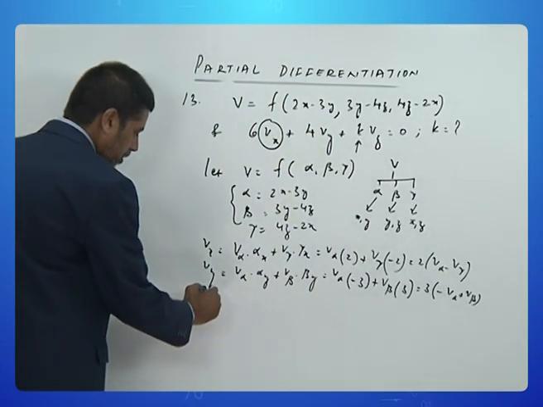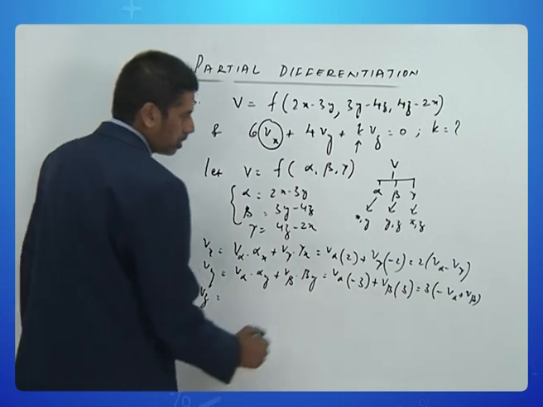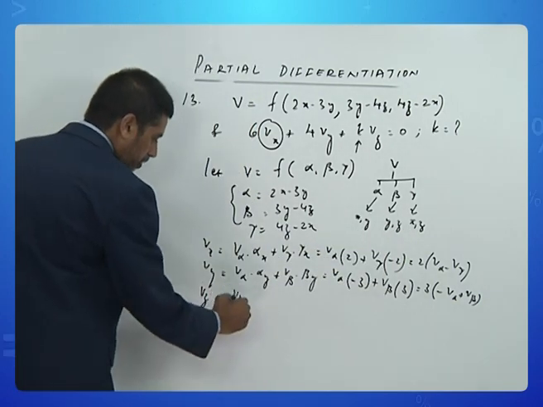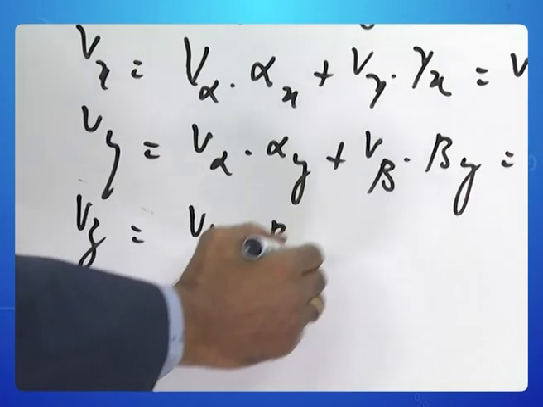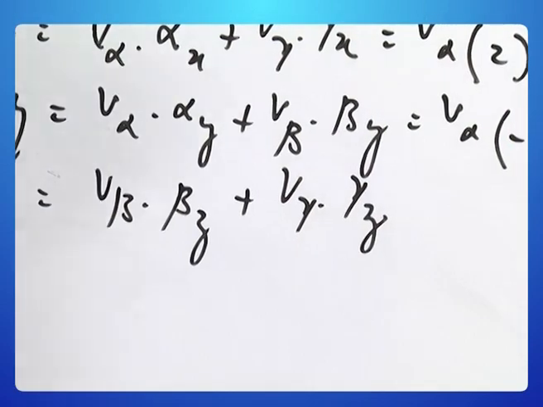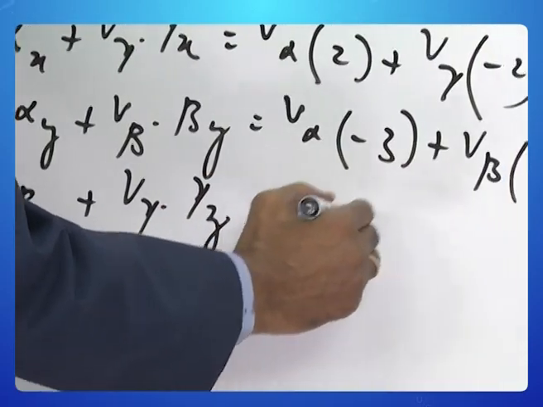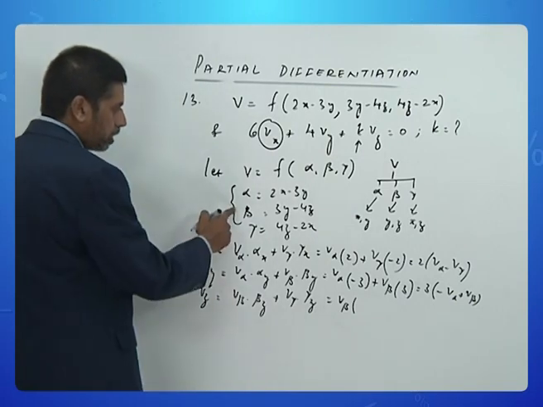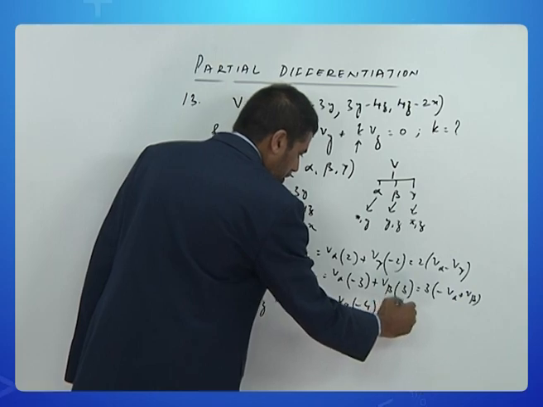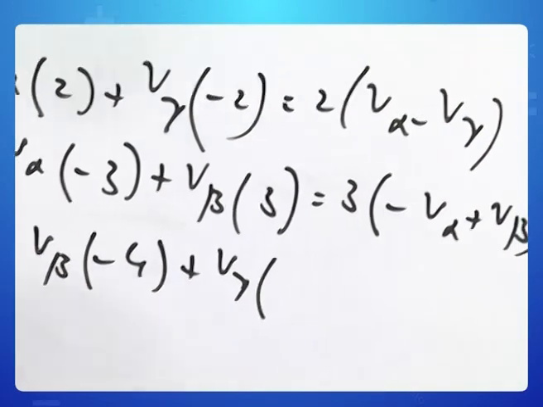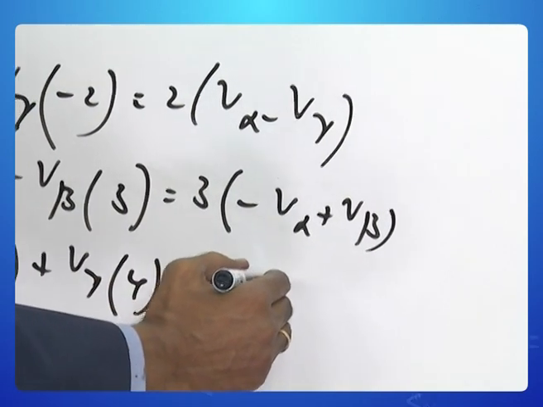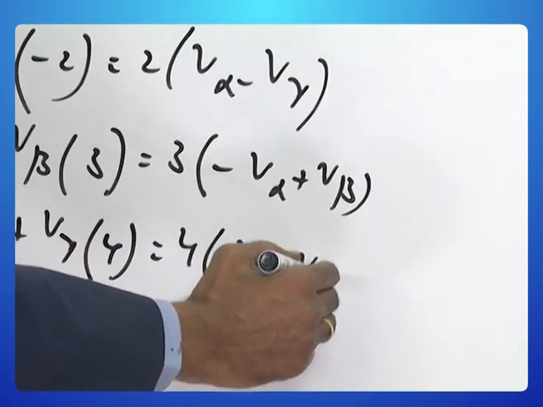Finally, Vz is equal to, now z is traced under beta and gamma. So, V beta into beta z plus V gamma into gamma z. So, this is V beta into beta with respect to z, minus 4, gamma with respect to z is 4. So, this is 4 times V gamma minus V beta.